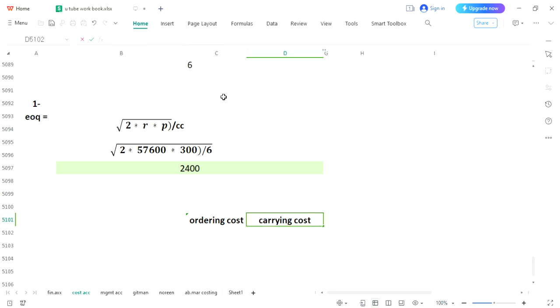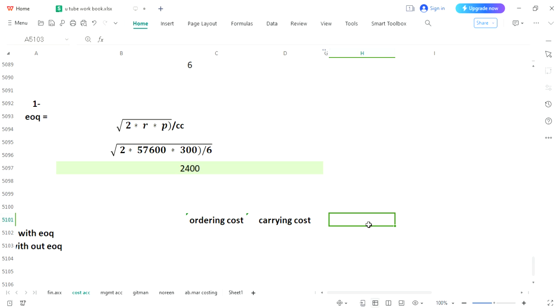So in this way, we calculate with economic order quantity, and secondly we will see without economic order quantity. So the difference would be our savings. Here ordering cost would be calculated in presence of economic order quantity, and carrying cost, and then you will calculate your total cost.